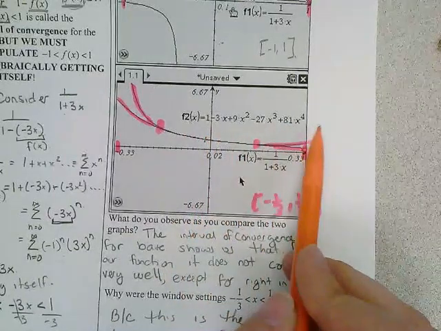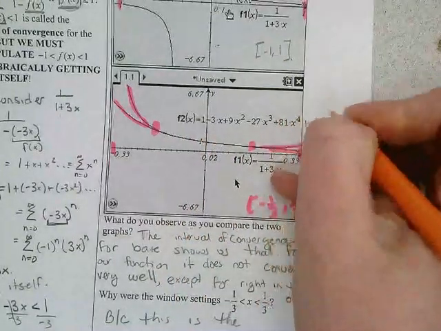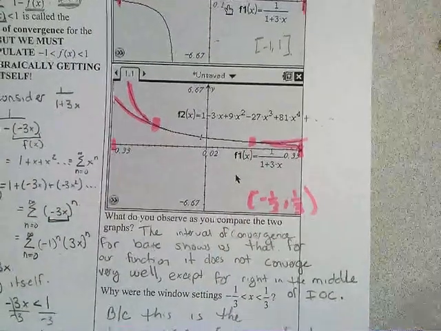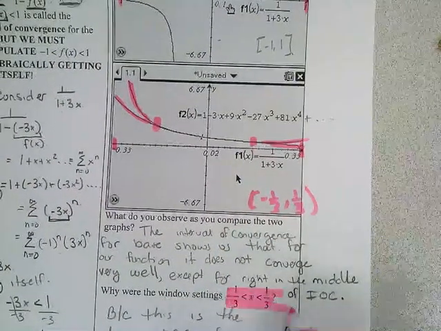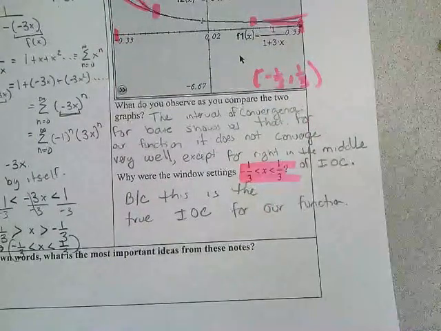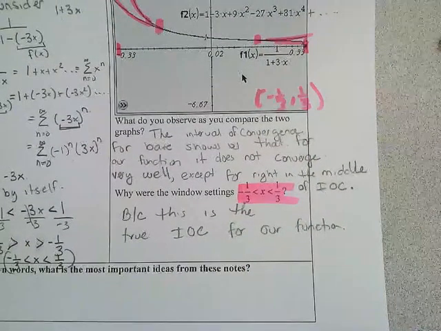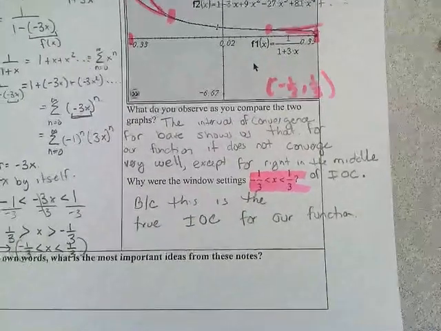So of course, the more that we graph, then probably the better our interval of convergence will look. So this is the true interval of convergence if we were to graph this to infinity. All right, hope this helps. Enjoy.